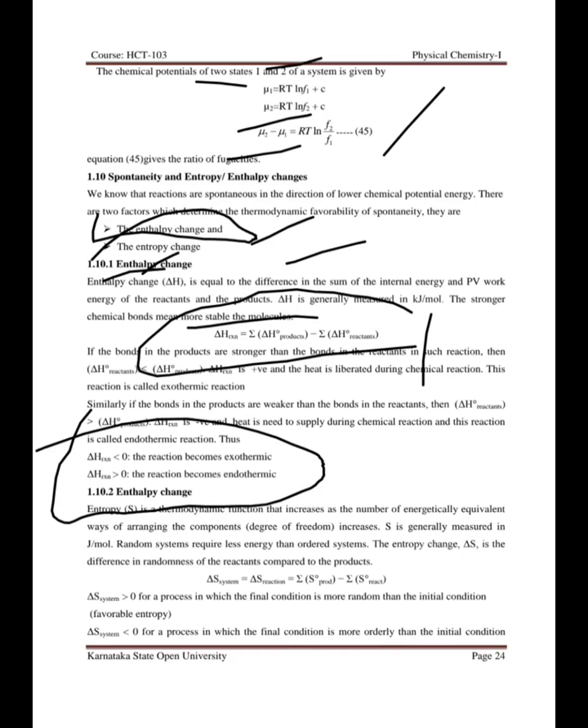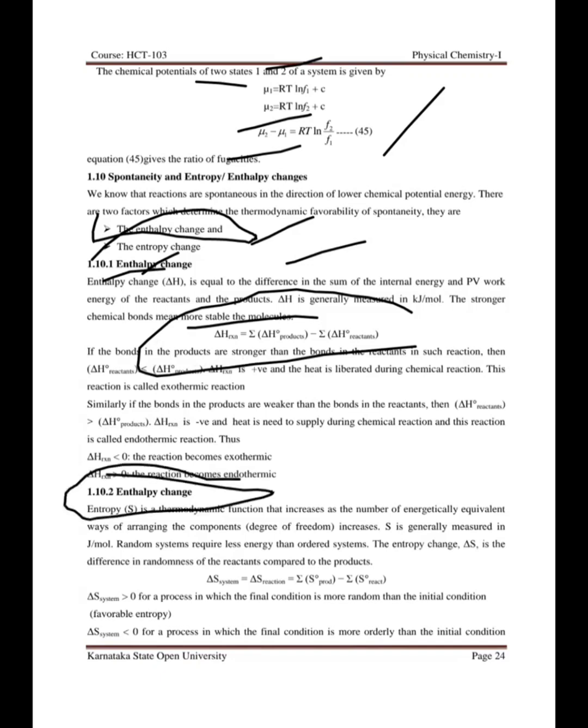After calculating delta H, if the value of delta H is less than 0, the reaction is exothermic, and if delta H is greater than 0, it is an endothermic reaction. So next is, this is not enthalpy change, it is entropy change.